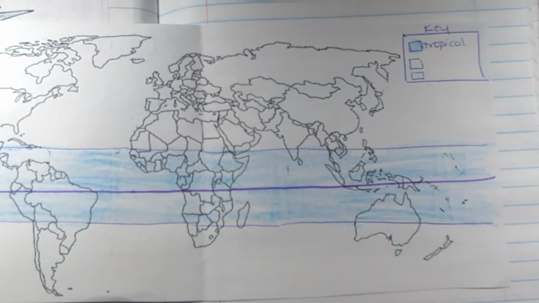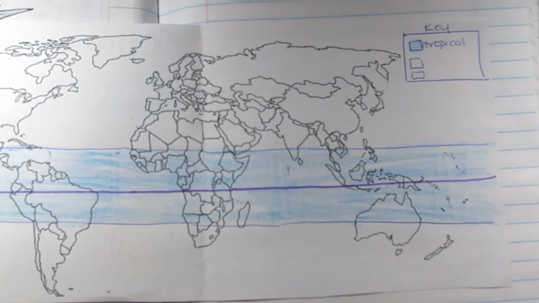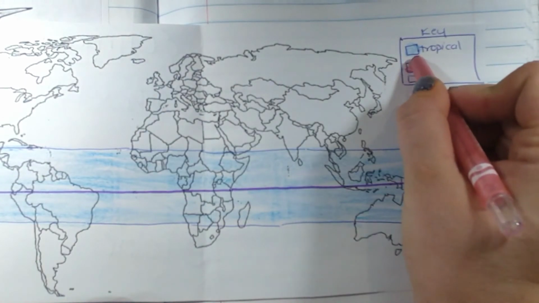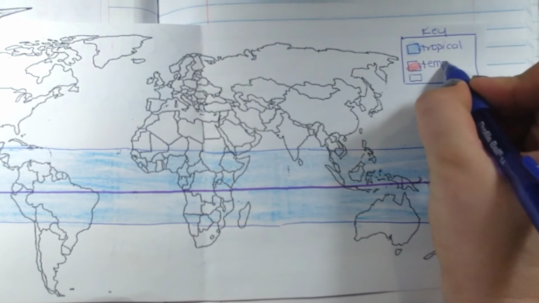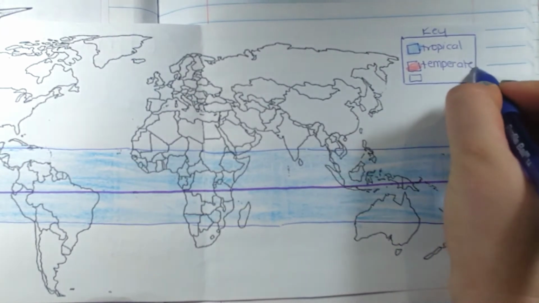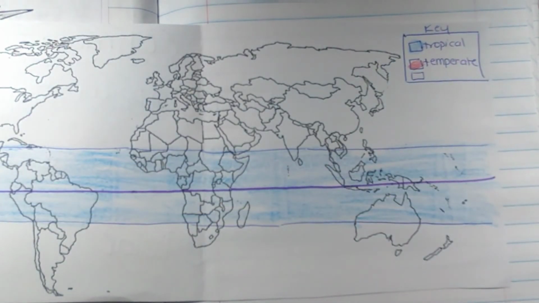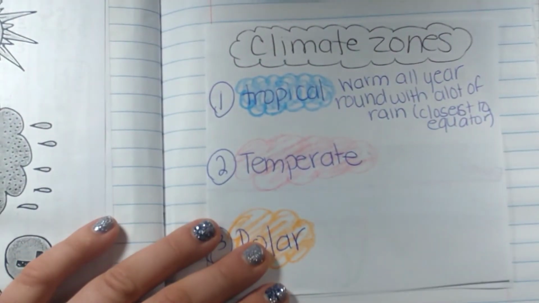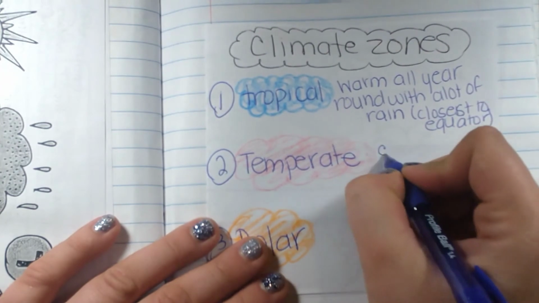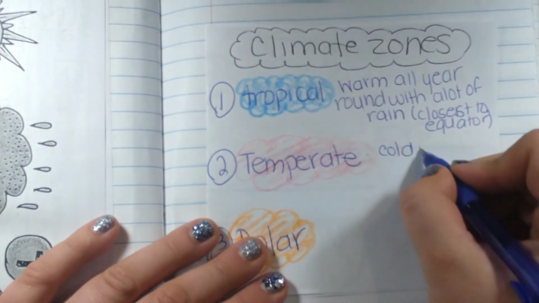Now the next one is going to be red. And that is going to be temperate. Now if you haven't finished coloring this, pause and do that. But we're going to go talk about temperate next. So a temperate climate has cold winters, hot summers, and it has 4 seasons.